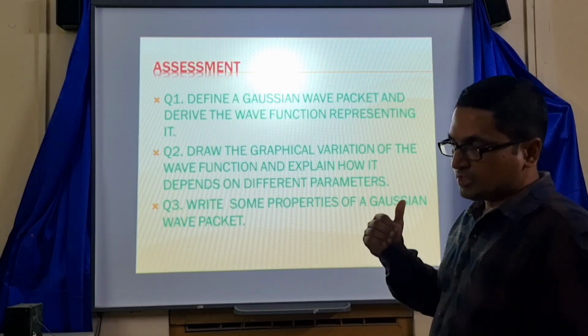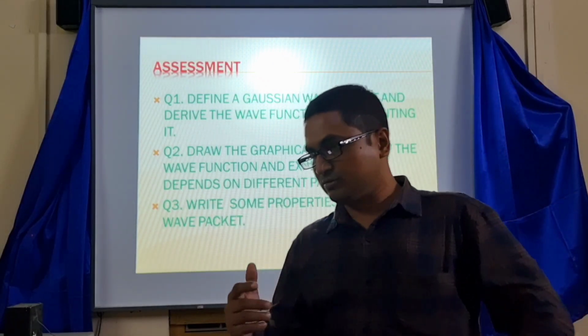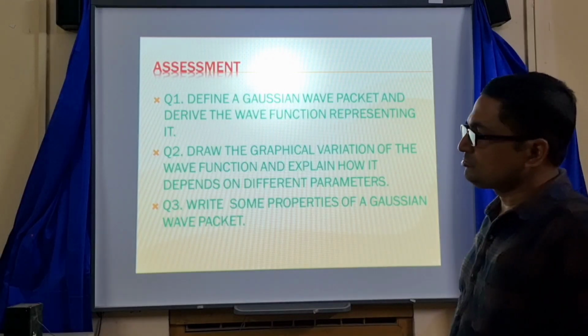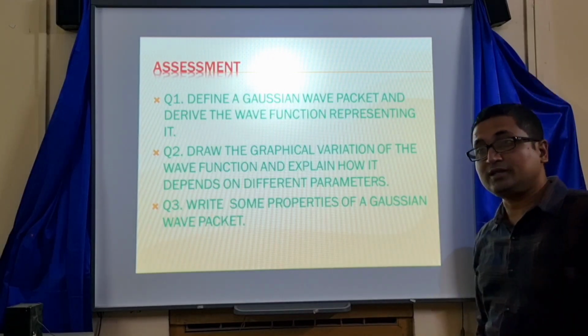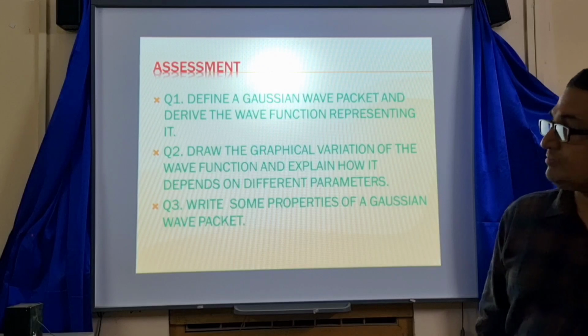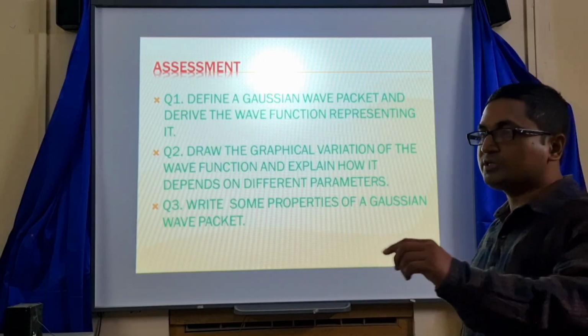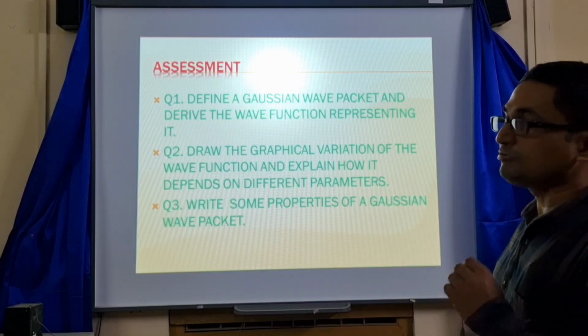And the expression for the wave function can be derived from our earlier consideration of the statistical derivation of the uncertainty principle, where we considered two functions f1 and f2. In that particular case when del x into del p equals h cross by 2, the equality sign is preserved there instead of the inequality sign.